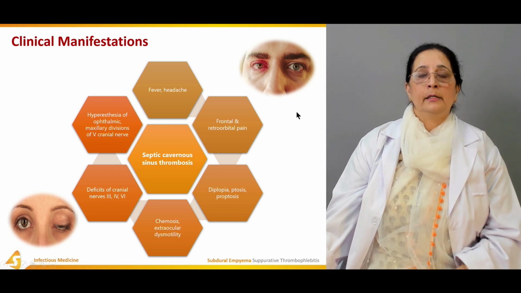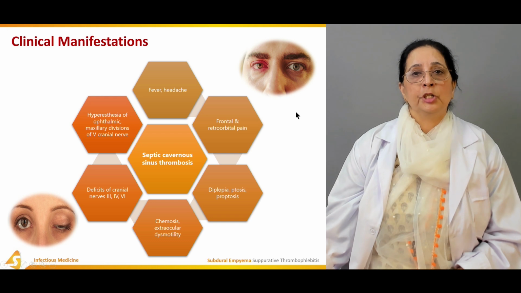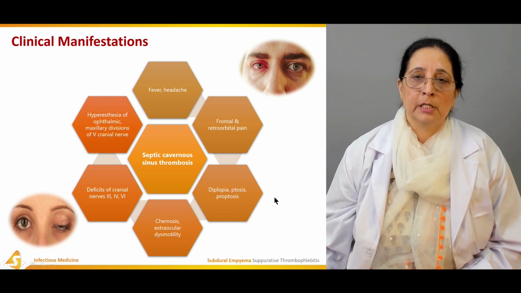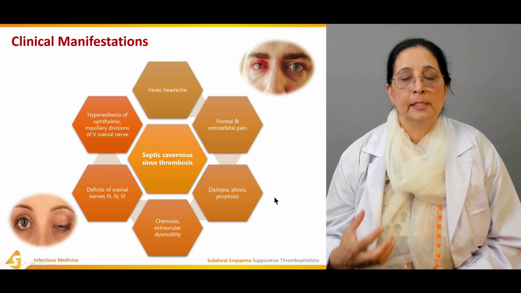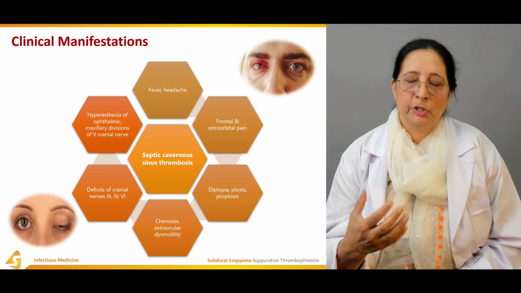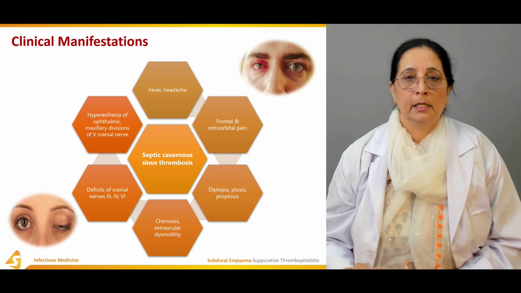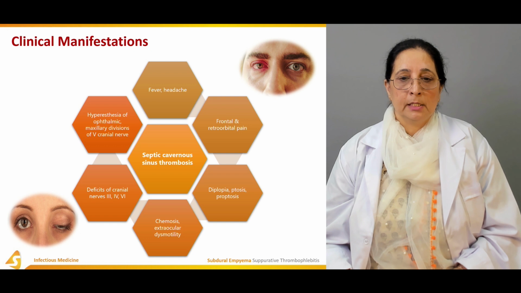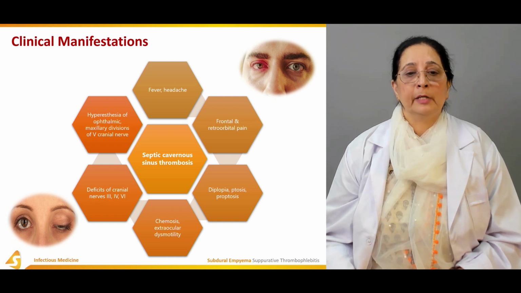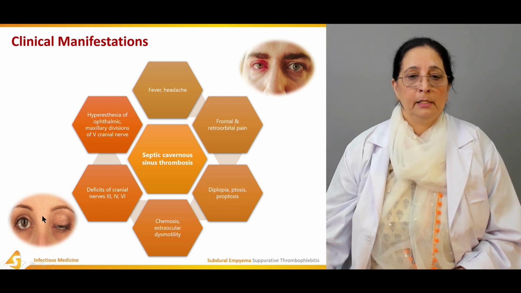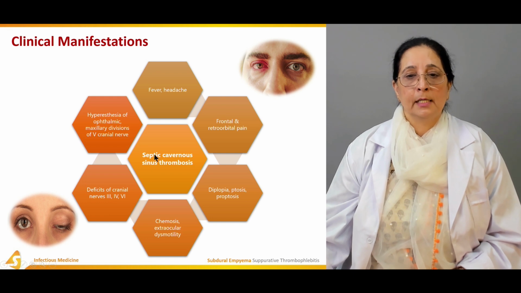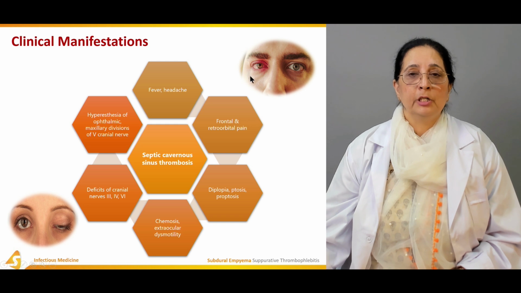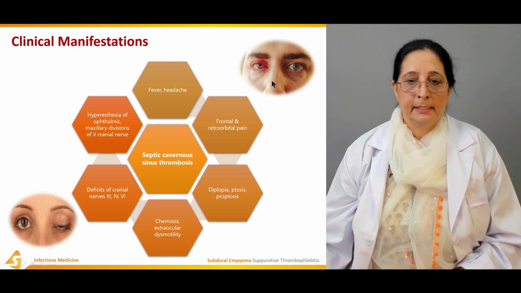All these are the clinical manifestations of septic cavernous sinus thrombosis. The periorbital and retroorbital regions are involved, with ptosis, double vision, proptosis of the eye, chemosis, and extraocular dysmotility.